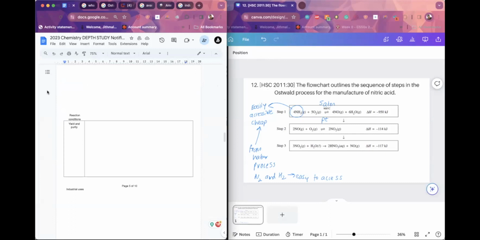Since it's nitric acid, it's involved in the production of fertilizer. What I would talk about is how this addresses world hunger.